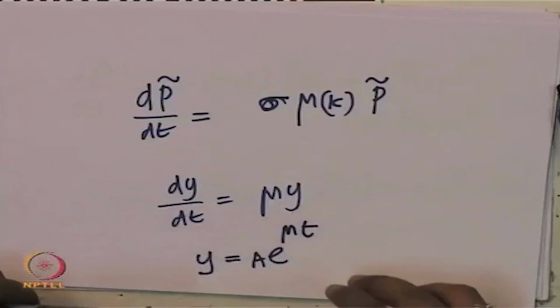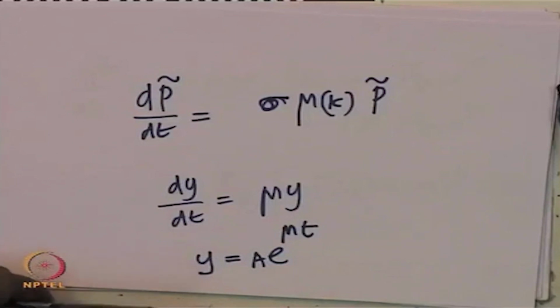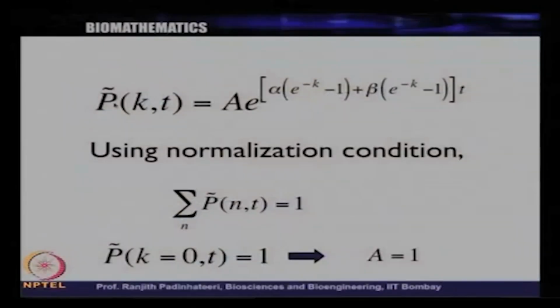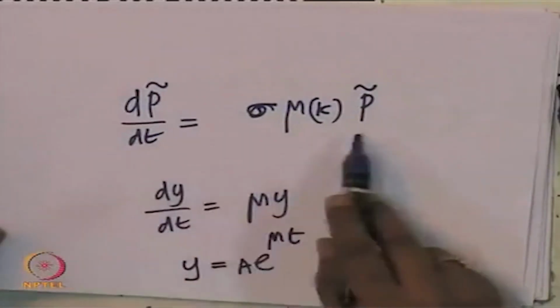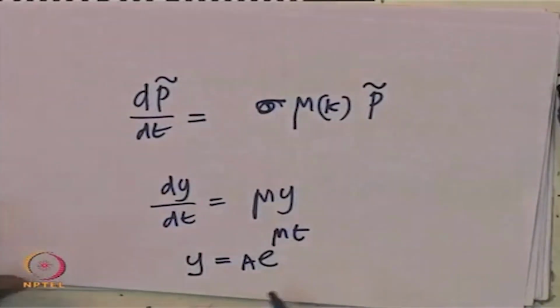Just similar to that, here p tilde of k and t has an exponential solution e power this. So, we could immediately solve this. It becomes a very simple equation. Previously, we had a complicated equation in terms of alphas and betas, that becomes a simple equation like this, and we could easily find a solution.